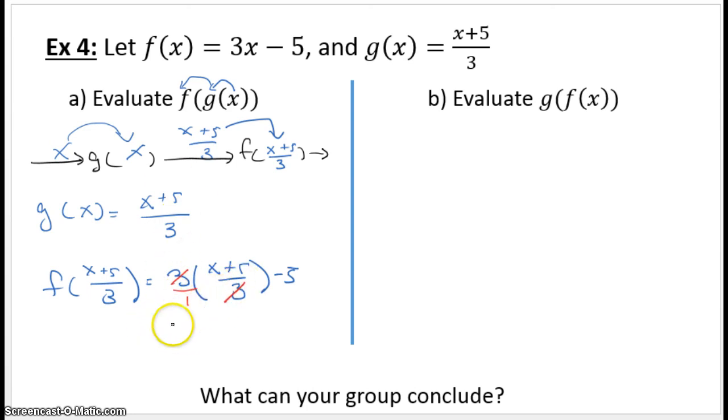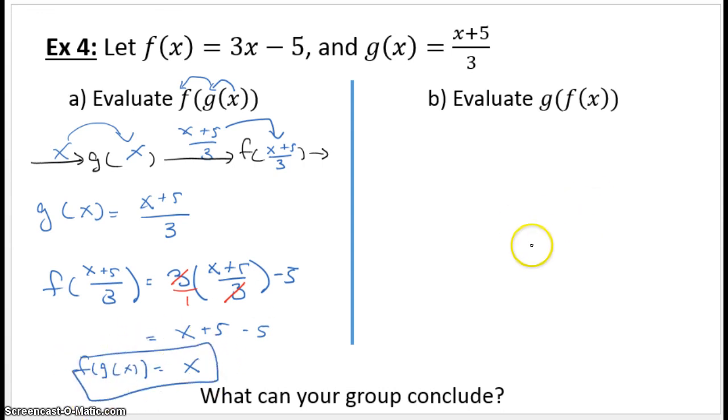Well, that just gives us x plus 5 minus 5, or that just gives us x. So if that's our solution, then we can properly write the solution as f of g of x is just equal to x.